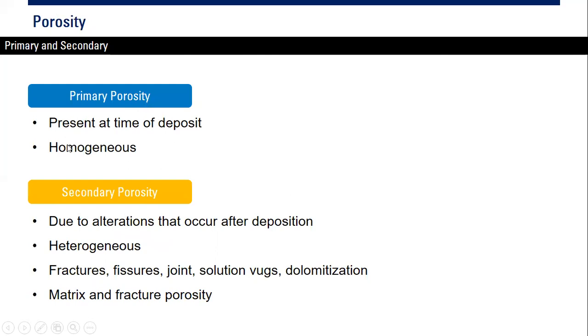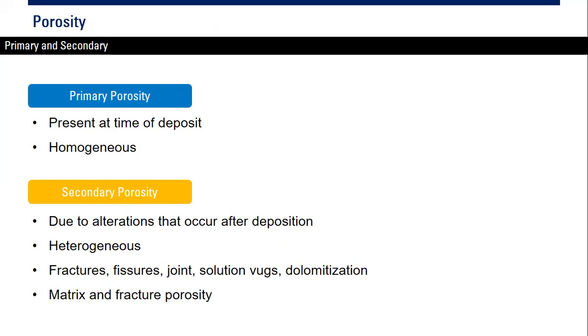Primary porosity is present at the time of deposit, okay, present at the time the rock is deposited, thousands of years ago, or many geologists say million years ago when the rock was deposited. And usually primary porosity is quite homogeneous.